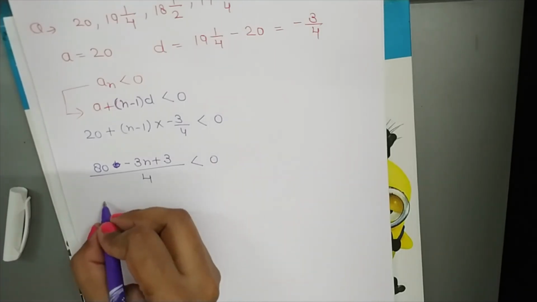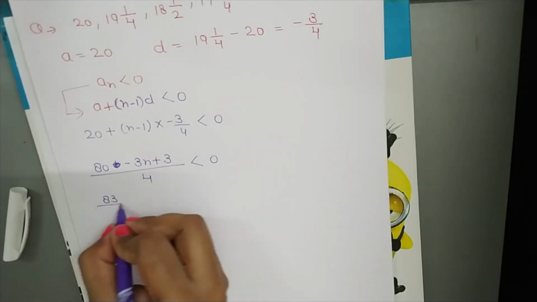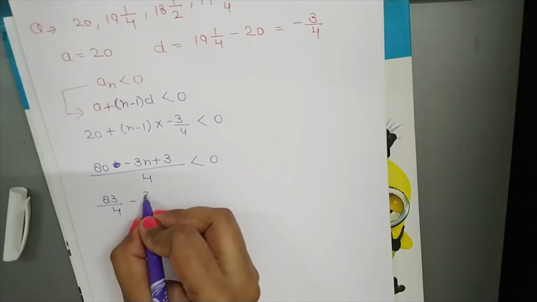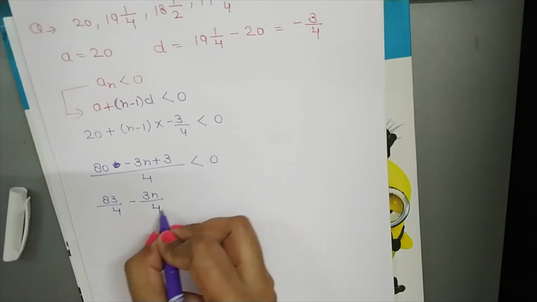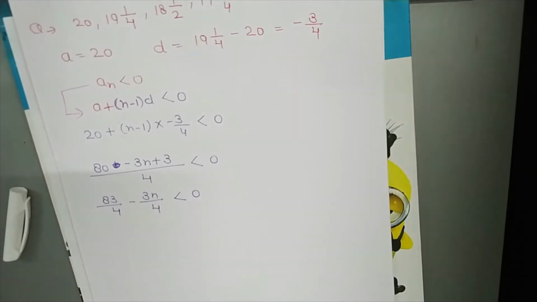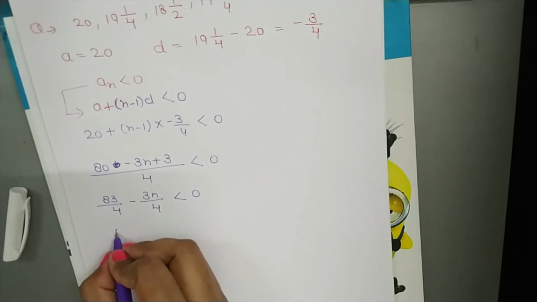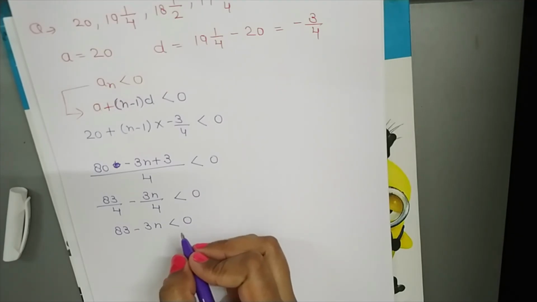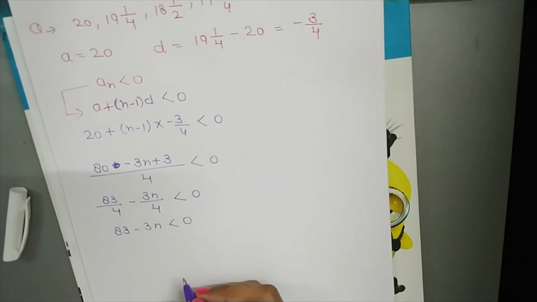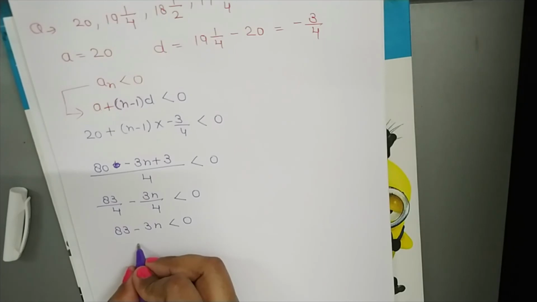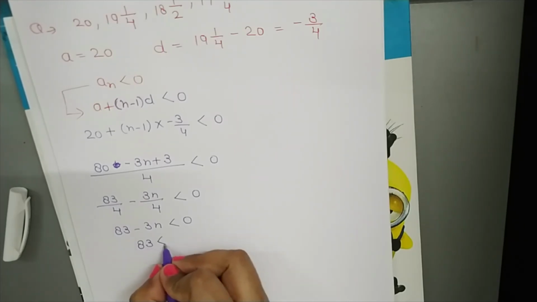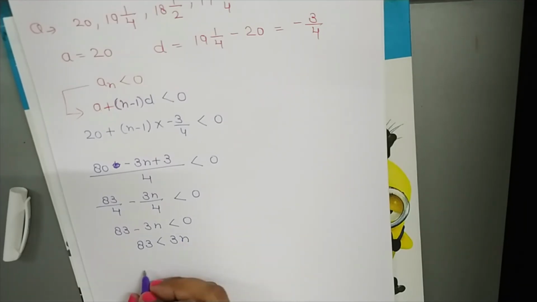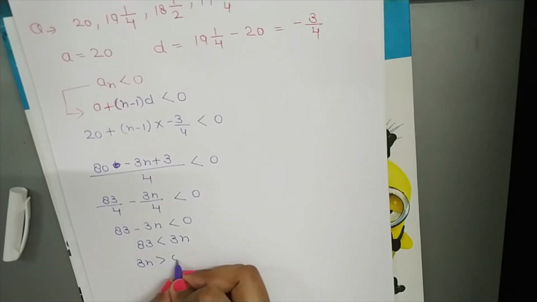So you can say that it will be 83 upon 4 if I separate this, minus 3n upon 4 is less than 0. Or we can say that 83 minus 3n is less than 0. When we transfer it, it means 83 is less than 3n, so 3n is greater than 83.